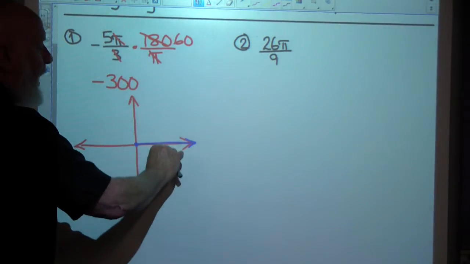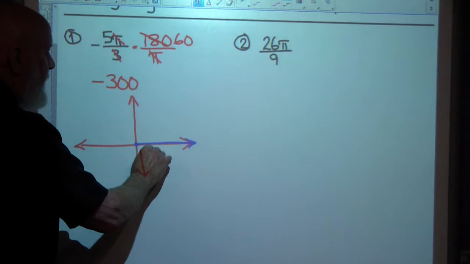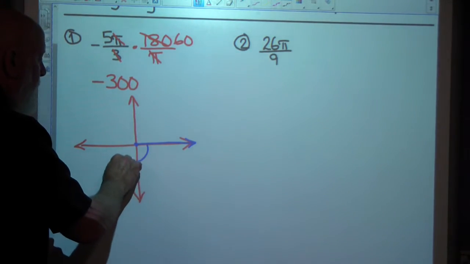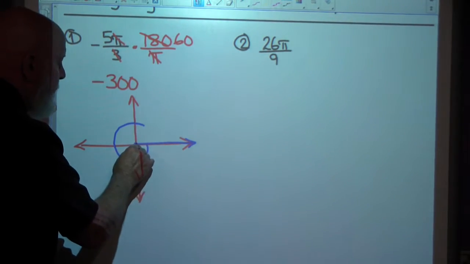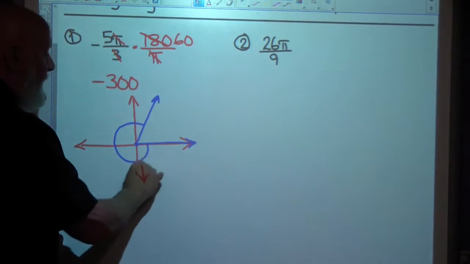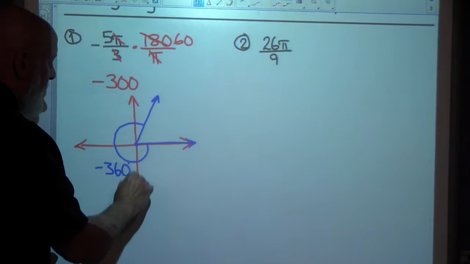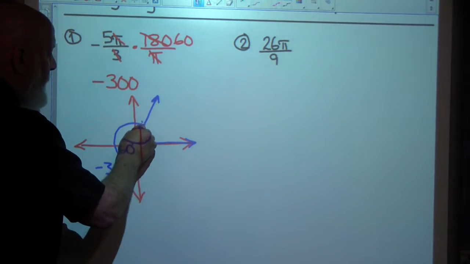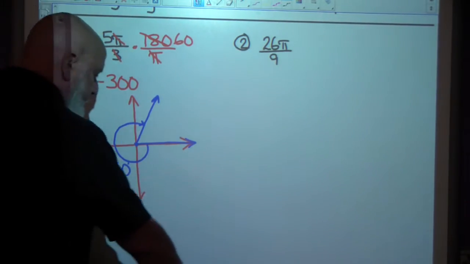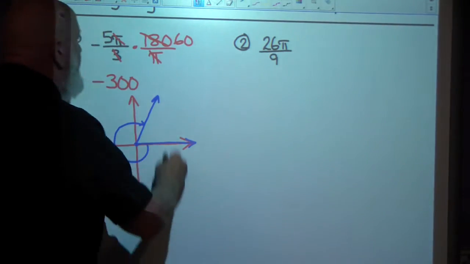We're going to rotate in a negative direction, 360 degrees. That would be 60 degrees shy of a full circle. That's negative 360 degrees. And that would put me in quadrant 1. And that would be my answer.